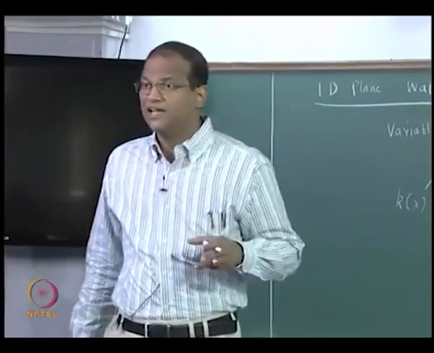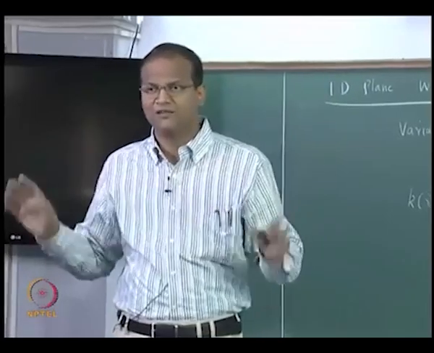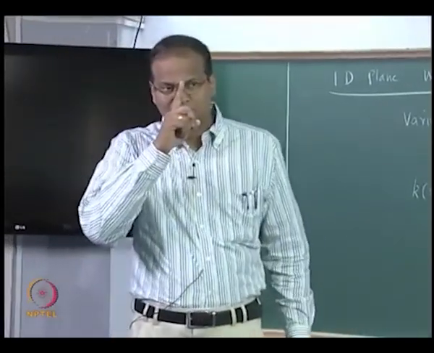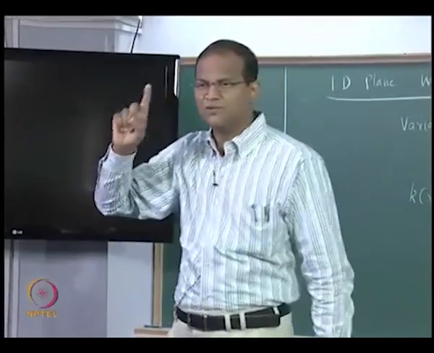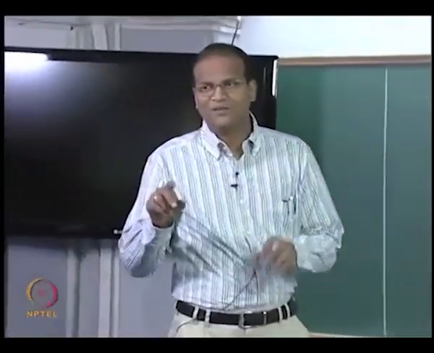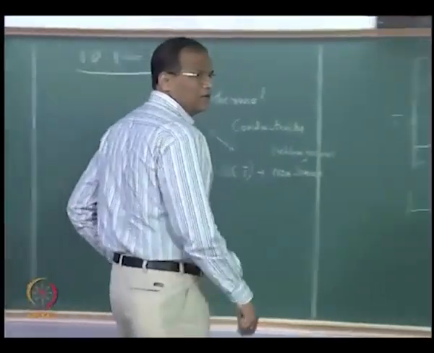It is not the case with radiation. They will continue to emit radiation because of Prevost's law, but net radiation will be 0. So temperature difference is responsible for heat transfer generally. Why I put generally? Because it is not applicable for radiative heat transfer.